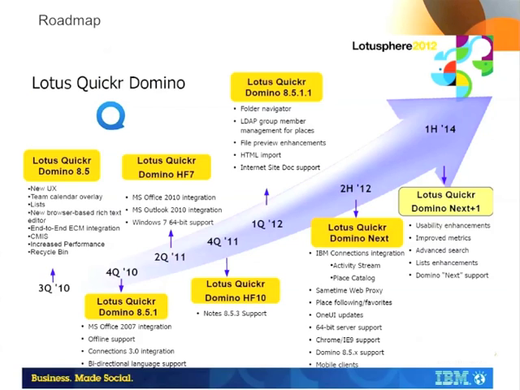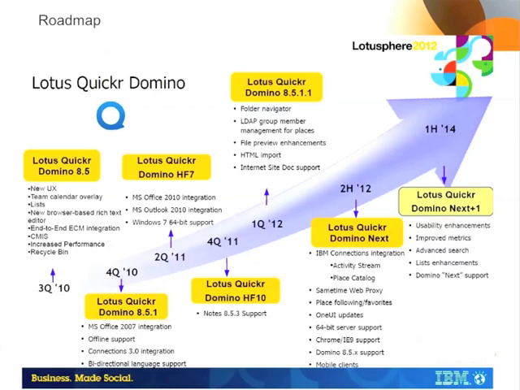Next, we will move to the Quickr Domino next release, which will be available second half of this year. I will give you some impressions of the tool later on, so I won't go through each and every one of these features.